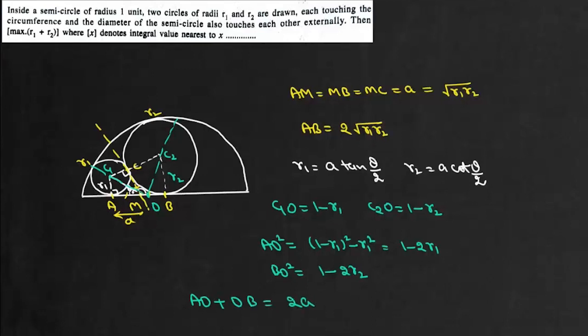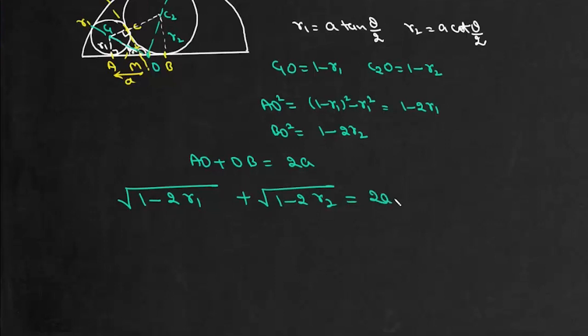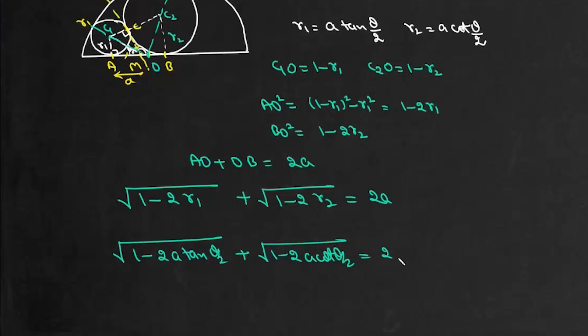So from here we can write under root of 1 minus 2r1 plus under root of 1 minus 2r2 is equal to 2a, and r1 is a tan theta by 2. So it will be under root of 1 minus 2a tan theta by 2 plus under root of 1 minus 2a cot theta by 2, and it is equal to 2a.